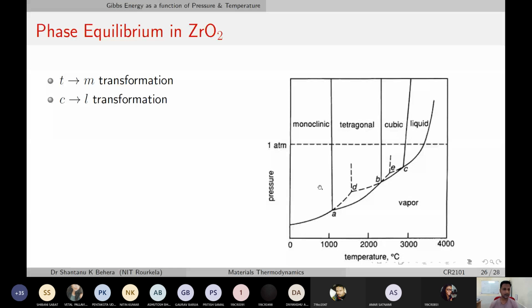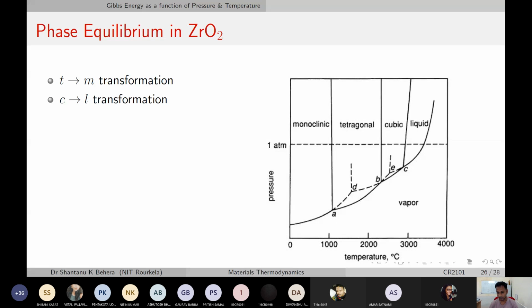So there is something called the T2M transformation. I'm just telling you so that when it comes to you in future classes, it doesn't appear to be completely new. T2M transformation is the tetragonal to monoclinic phase transformation, which gives us a slight change in volume.